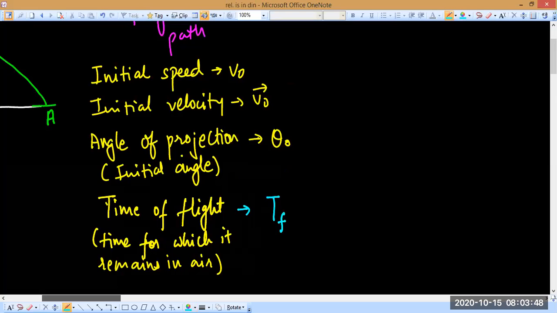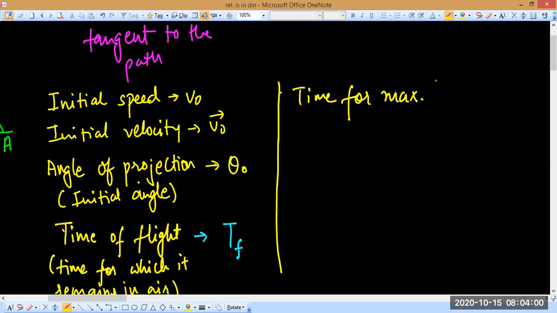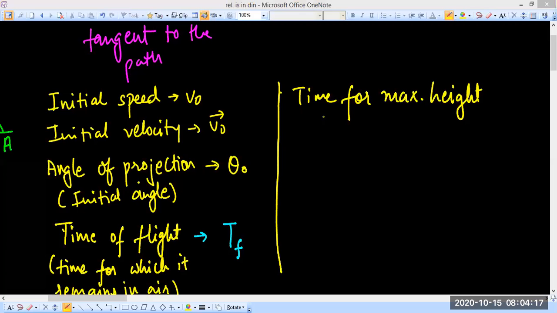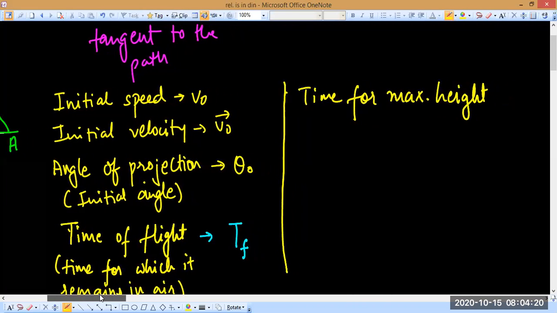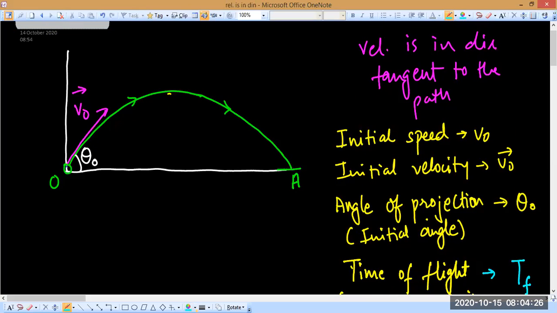Then the next term that we're going to talk about is time for maximum height. Capital T I think is compulsory. Generally, we write small t to indicate time and time intervals, but this is something special, so I prefer we write capital T. Time for maximum height means in how much time it will reach from here to the maximum height over here.